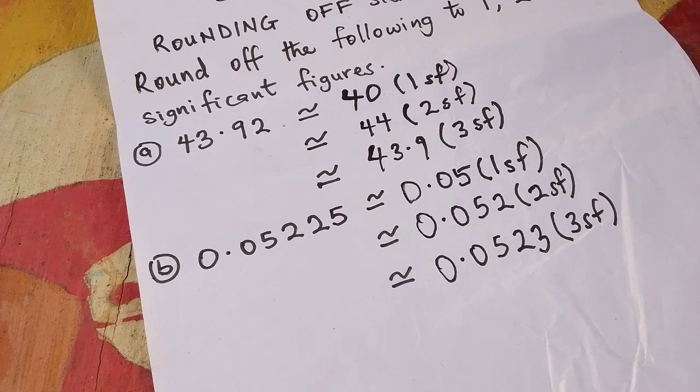If it's 5, 6, 7, 8, 9, before you cut it off, you add 1 to the number before it. But if it is not up to that, 1, 2, 3, 4, you just cut it off. If you are to round off whole numbers, you turn the numbers towards 0. Before you turn them to 0, check if the required tens unit is up to 5, then you add 1 to it. But if it's not up to 5, you turn it to 0.